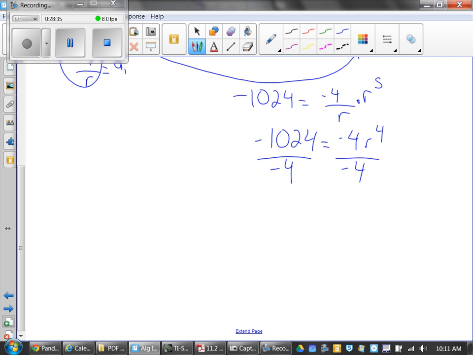Right. What's -1024 divided by -4? That equals r to the 4th, 256. How do I take the 4th root of 256? What did you guys get? 4. So my rate is 4.